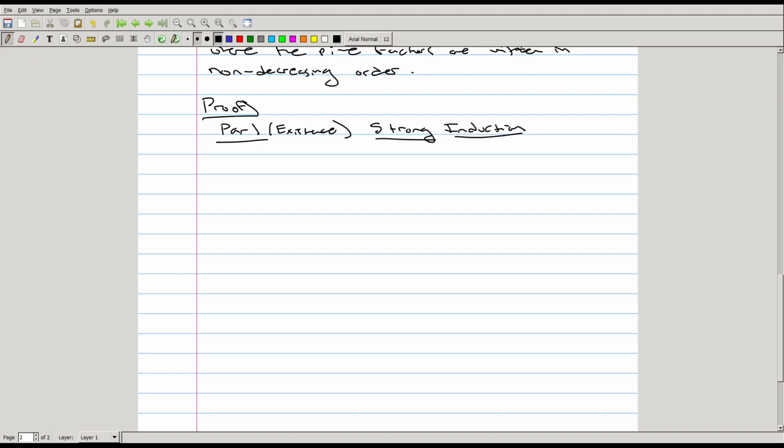This is one of those cases where using strong induction is going to be a lot easier and in some sense necessary here to avoid certain pitfalls in the proof. So this is the reason that we talked about it in the induction lecture.